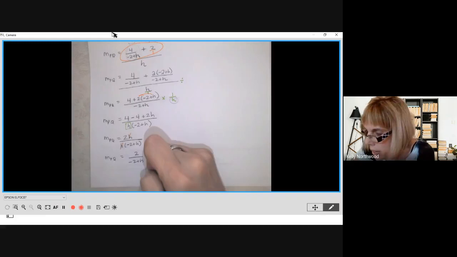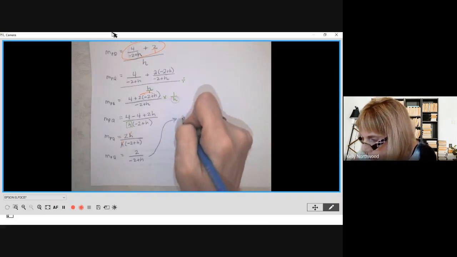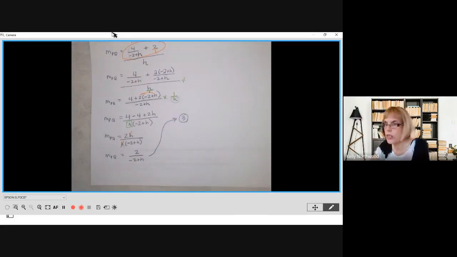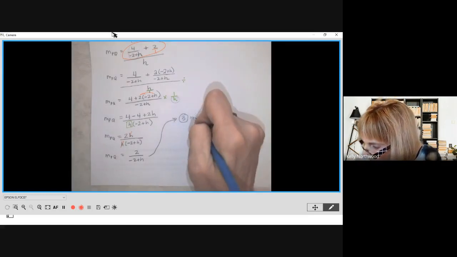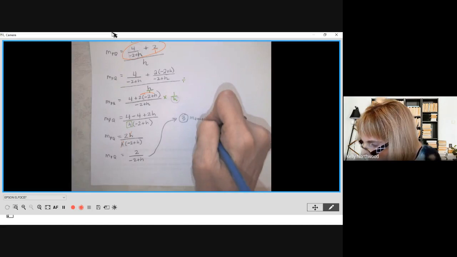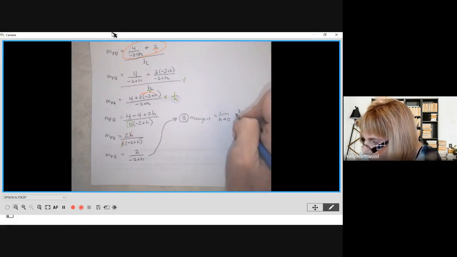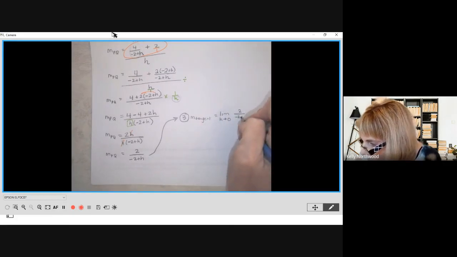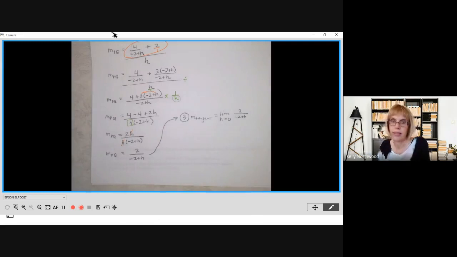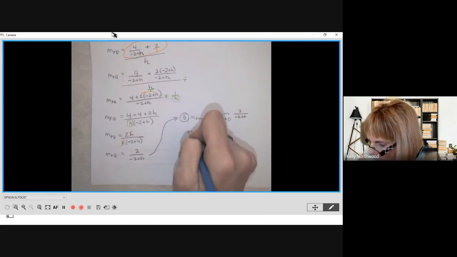All right, awesome. So now we're ready for step 3, which is to find the slope of the tangent. So the slope of the tangent is going to be the limit as h approaches 0 of 2 over negative 2 plus h. Now I'm actually going to take the limit.